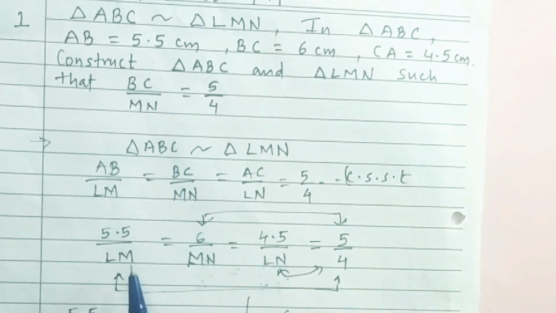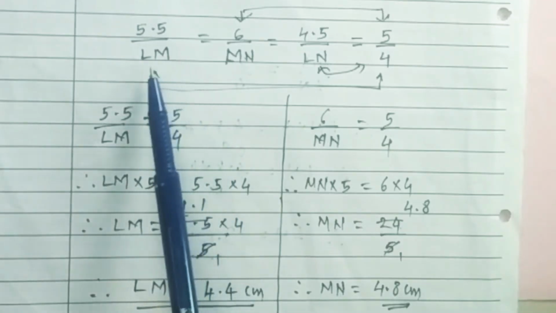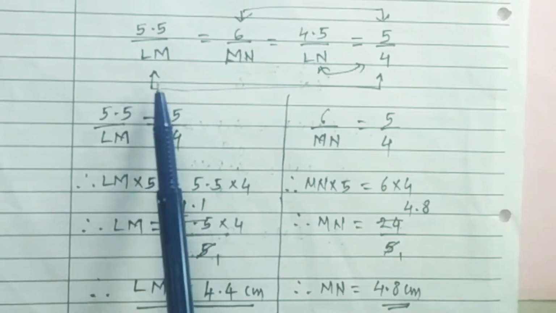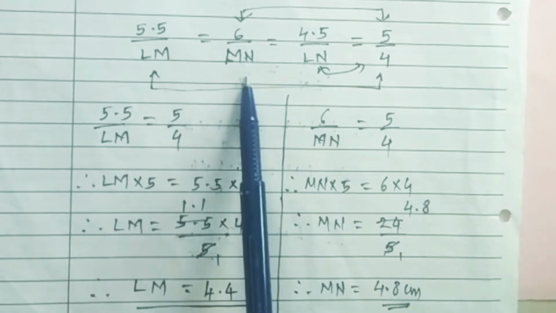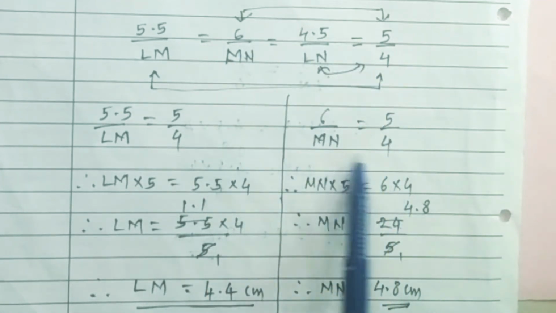AB is equal to 5.5 upon LM, is equal to 6 upon MN, is equal to AC, 4.5, upon LN, is equal to 5 upon 4. Therefore, the first ratio equates to 5 upon 4, and the middle one is also 5 upon 4.